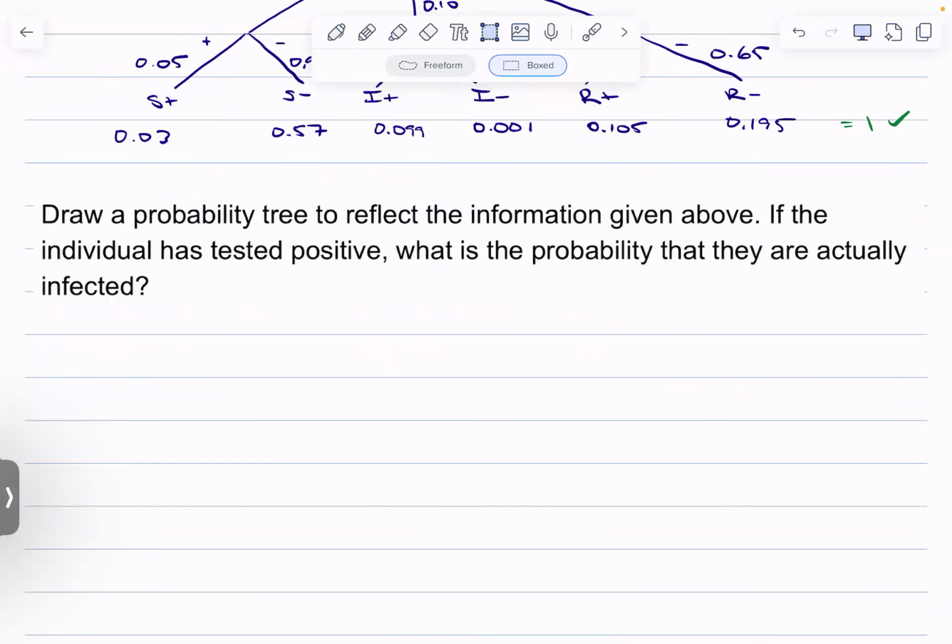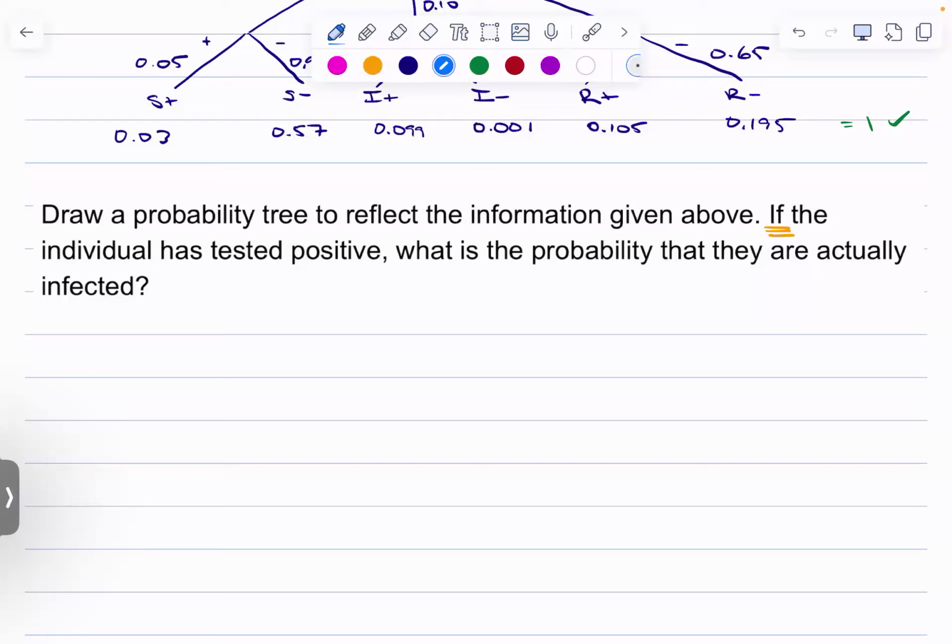So, how do we translate this into a probability question with probability notation, right? And so here we're told that given this individual has tested positive, what's the probability that they're actually infected, right?